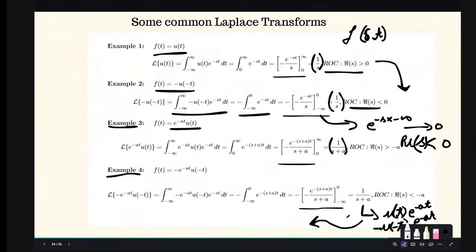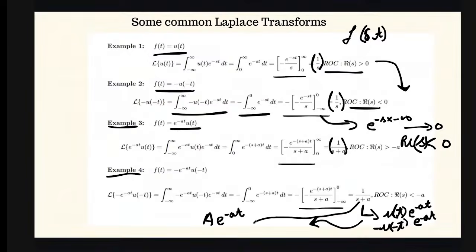And since u of t is always equal to 1, and minus u of minus t is equal to minus 1 or 0, I can write it in the form of some constant a times e power minus at. Can I always say that 1 by s plus a is in the form of a e power minus at? I can always say this, right? Because regardless of u of t, it'll always be a constant. It'll be 1. So a e power minus at is the standard form of 1 by s plus a when we write the inverse Laplace transform.